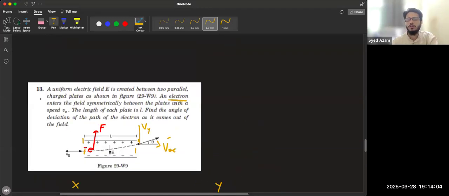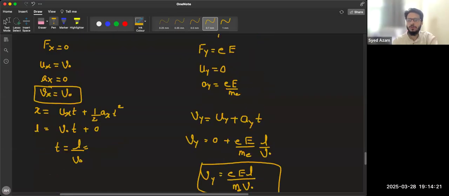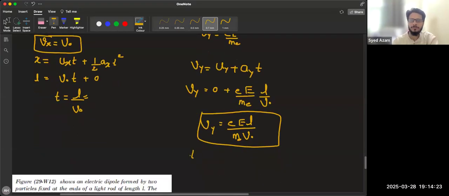This is Vy and this is Vx, which is v0. Now you're supposed to calculate tan theta. See, this is a right angle triangle, this is Vx, this is Vy, this angle is theta, then tan theta is perpendicular upon base. You can write that tan theta is Vy divided by Vx.